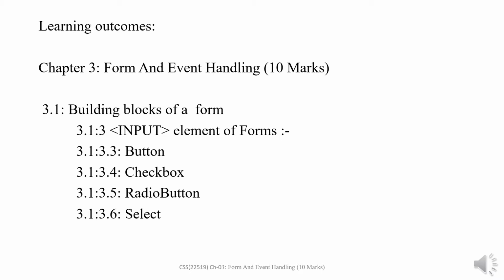As we are studying chapter number 3, forms and event handling, in this chapter we are going to learn the building blocks of a form. In the building blocks of a form there are different input elements. In the input tag there are button, checkbox, radio button and select. We will see them one by one.